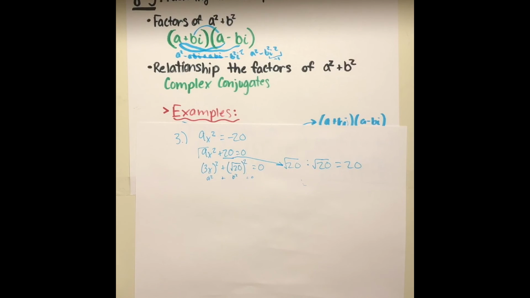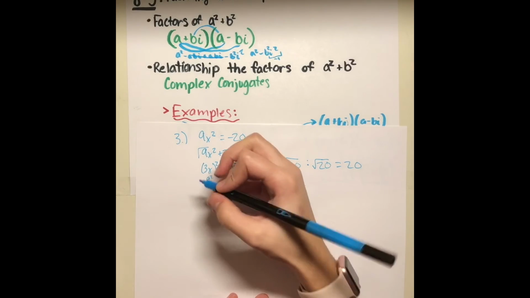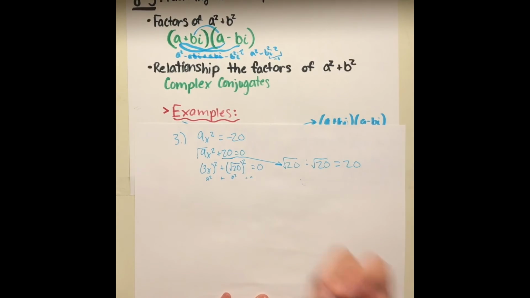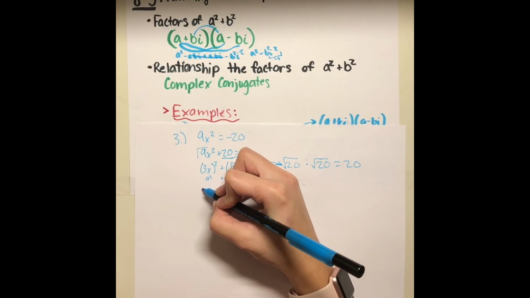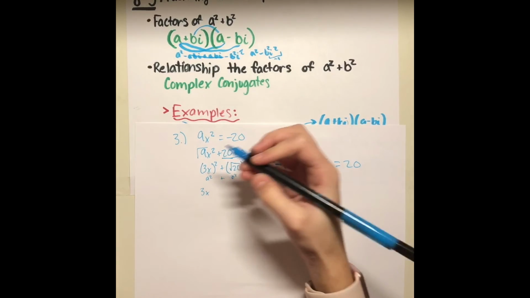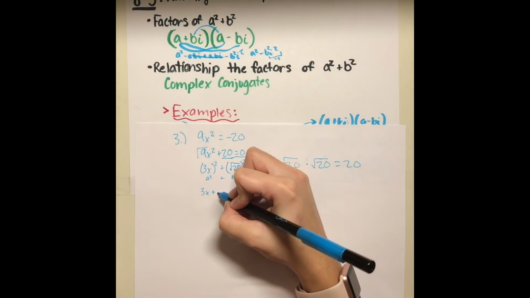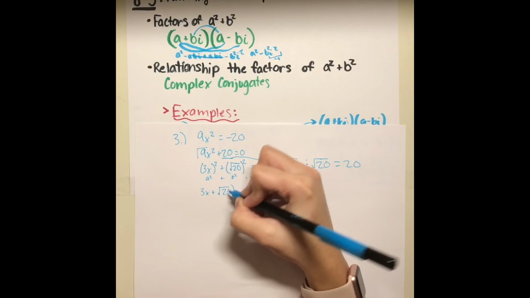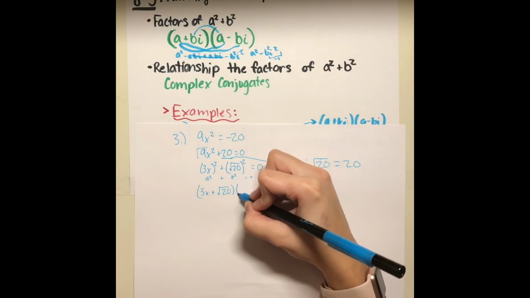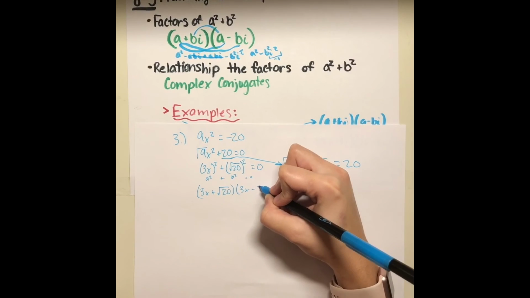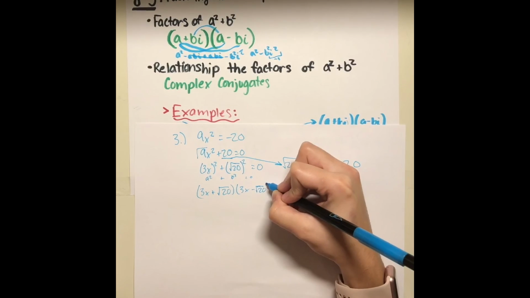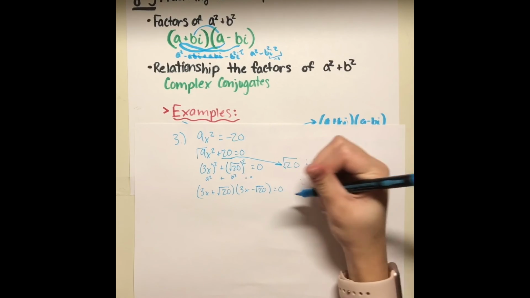Okay, so pretty much we do what we did in the last 2 examples. We put it into the complex conjugates form. So 3x plus square root of 20 times 3x minus square root of 20 equals 0.